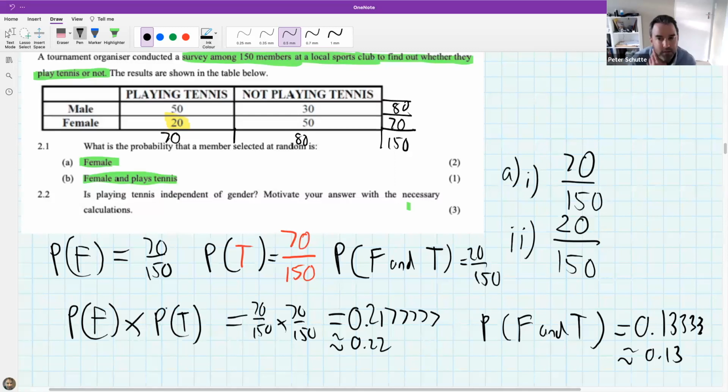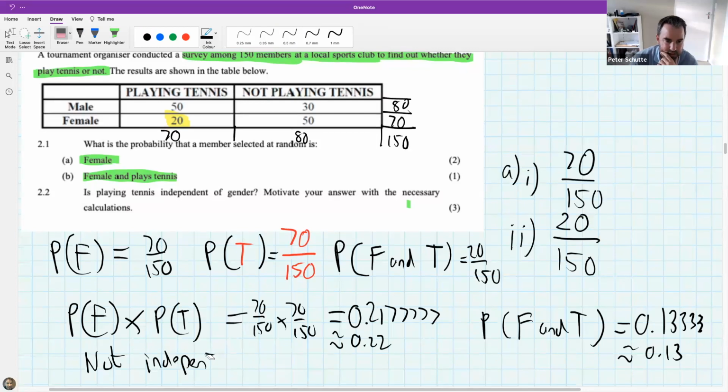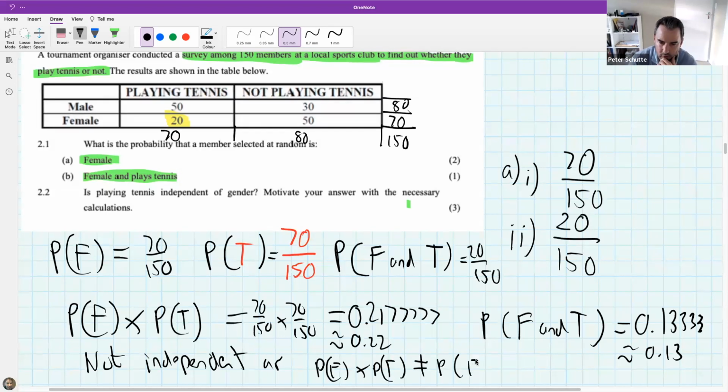Yes or no? So it's not independent, as this does not equal that. So P of F times P of T does not equal that.